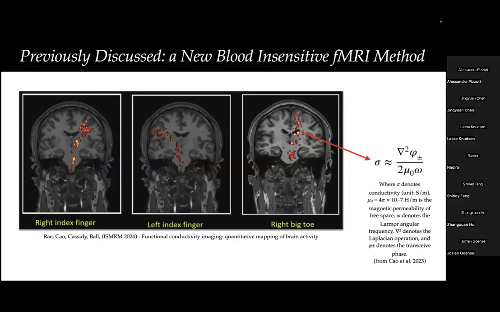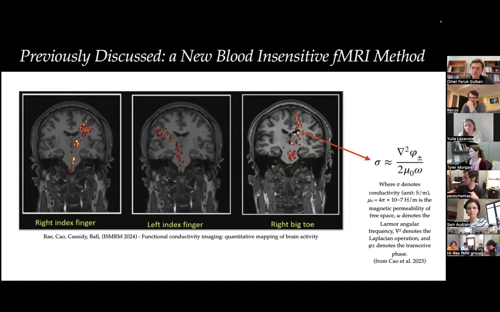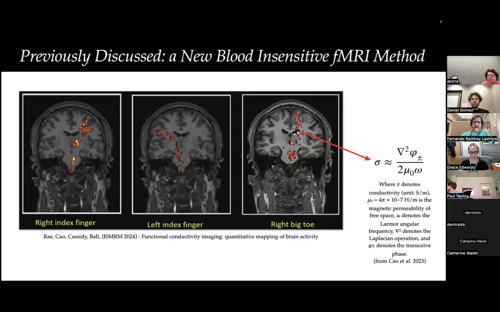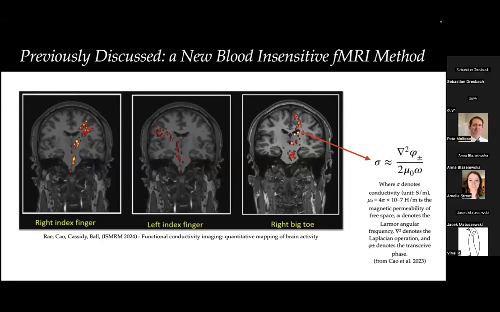And basically that is, and we don't need to go into too much detail, essentially the Laplacian of the phase. So they are recording fMRI time series. They are looking at the phase component, not magnitude, the one that we look at most of the time. And they compute the Laplacian of it.